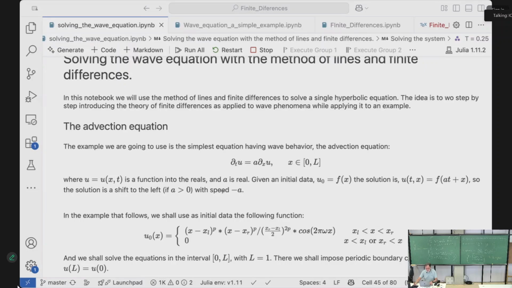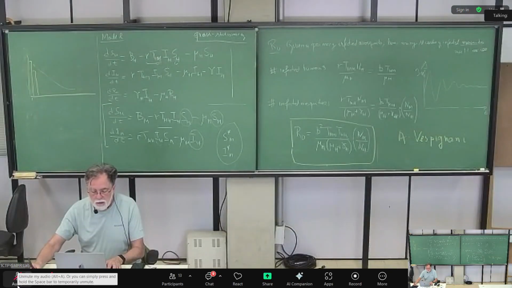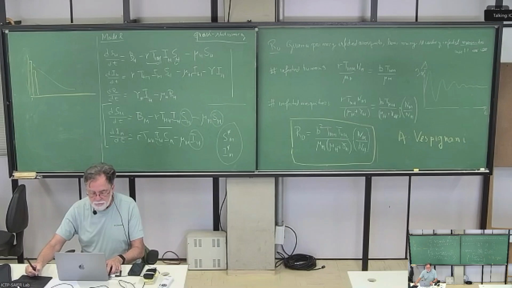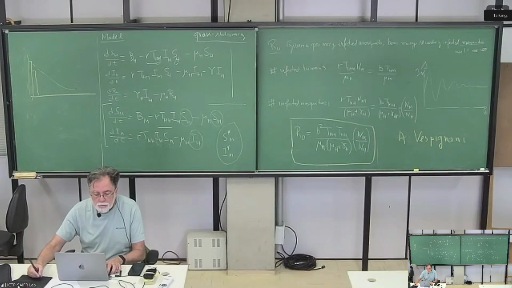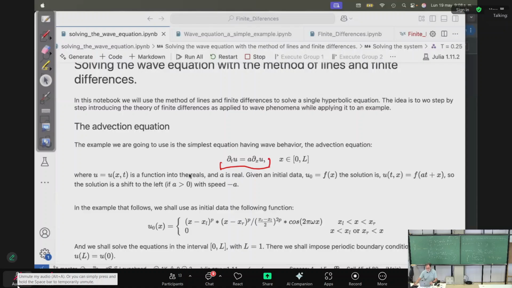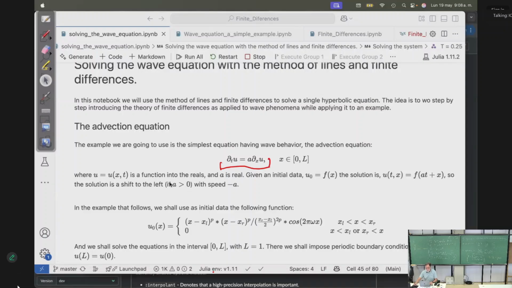Okay, sorry, I have to change it in Zoom. Okay, now you see the red one.